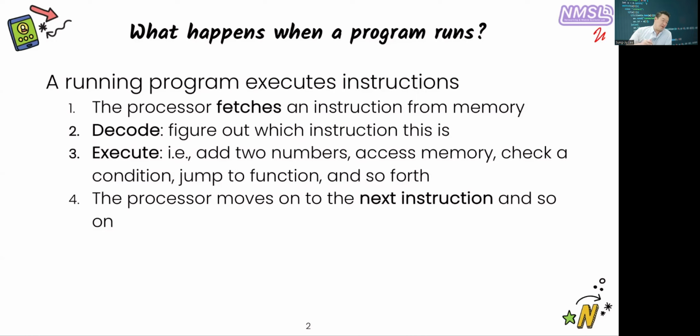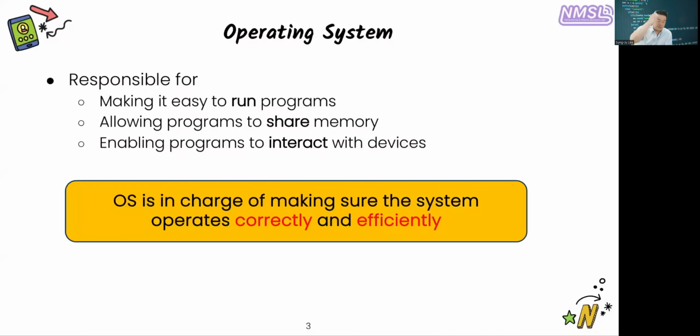After that, it needs to figure out what that instruction is, so there's a decoding process, and after decoding, it goes on to execute. The execution could be as simple as adding two numbers, accessing memory, checking a condition, jumping to a function, and so forth. Then the processor moves on to the next instruction. That's really what happens when we're running a program in a computer.